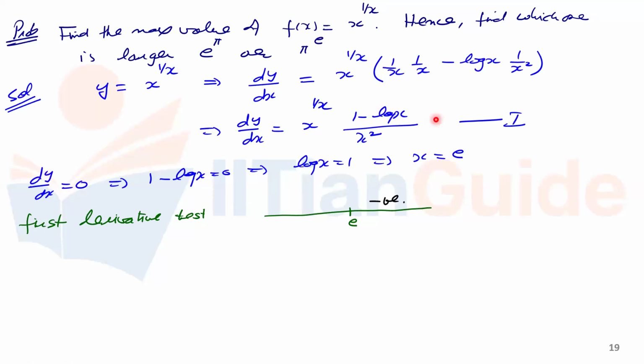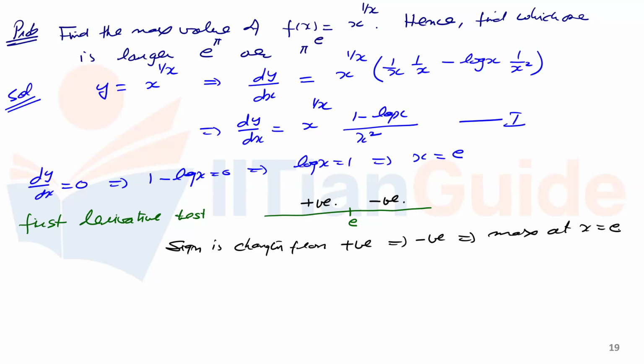When x is smaller than e, this value will be smaller than 1, so overall I get a positive value. So at the point x is equal to e, the sign is changing from positive to negative. And anyway, when maximum is asked, maxima will come out; when minima is asked, minima will come out. Nothing wrong can be asked. When both maximum and minima exist, they ask for both. So the sign changing from positive to negative implies a maximum at the point x is equal to e. Got it?